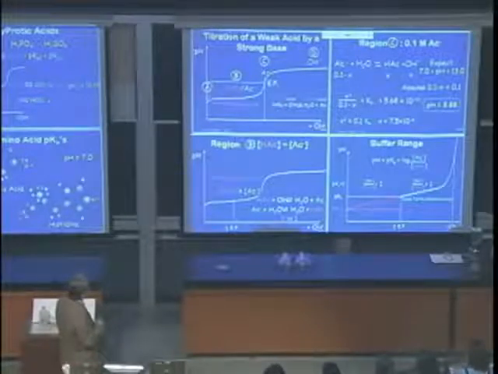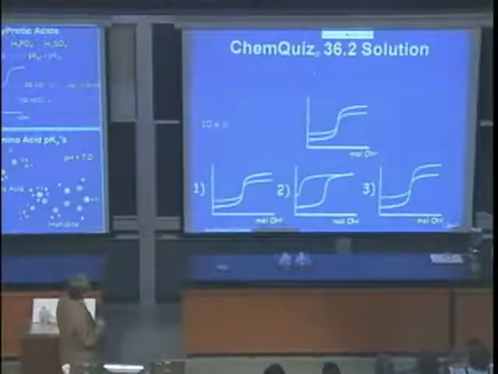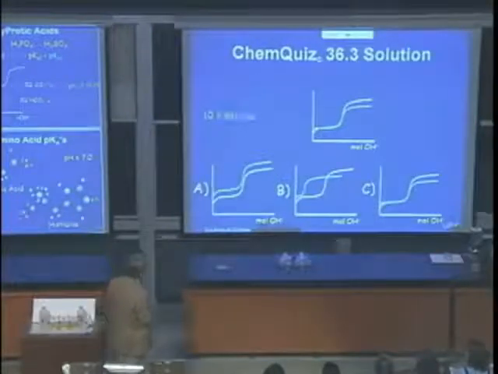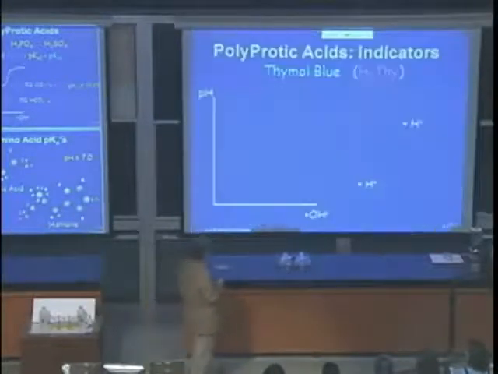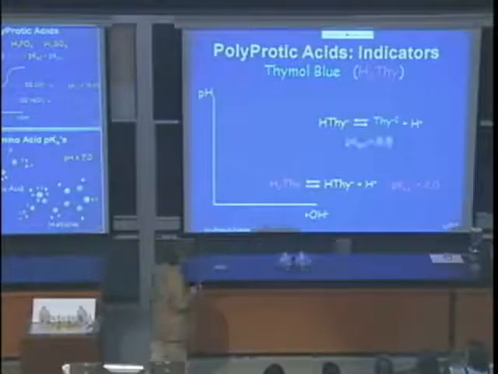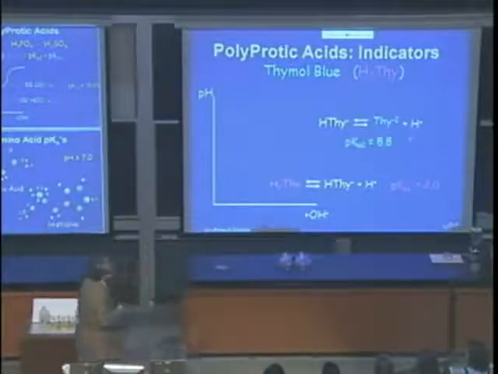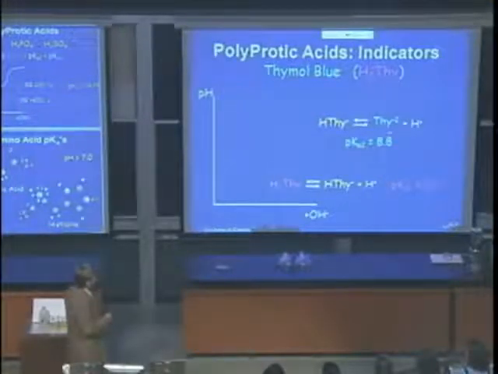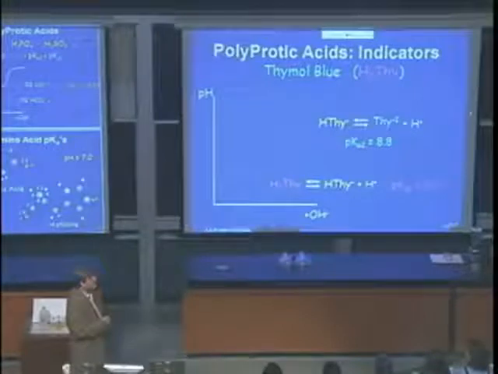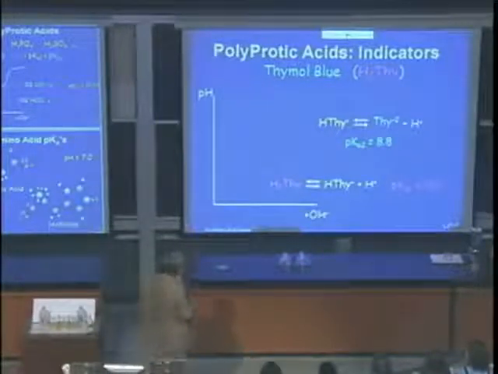Okay, so let's go forward again. What pH would I have to have so that I have this and this in equal concentrations? pH 8.8, exactly. That's the half equivalence point, all right?